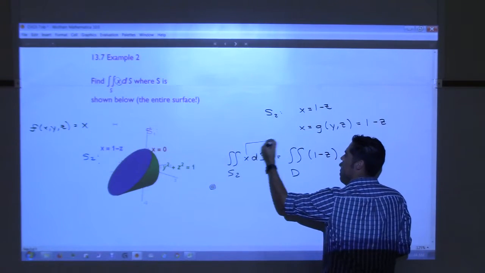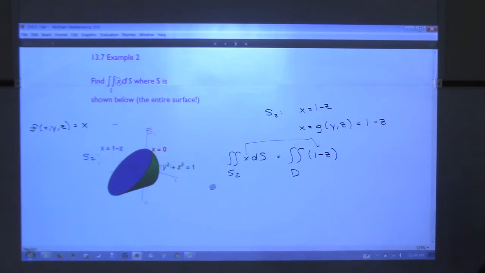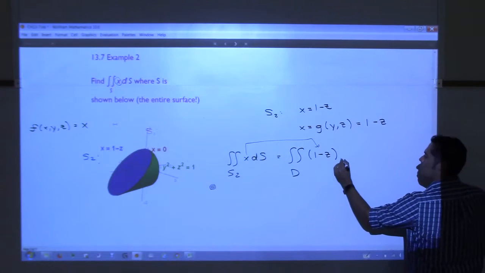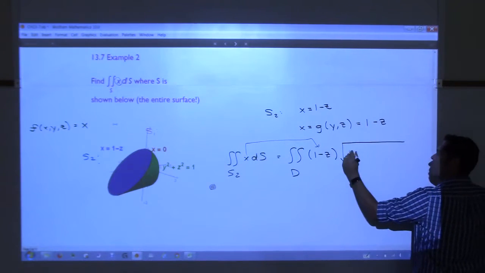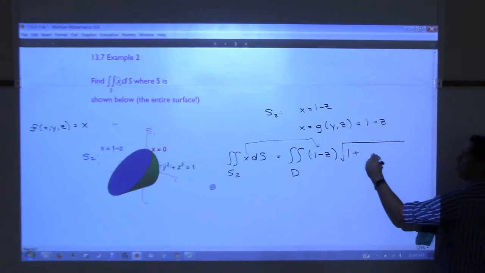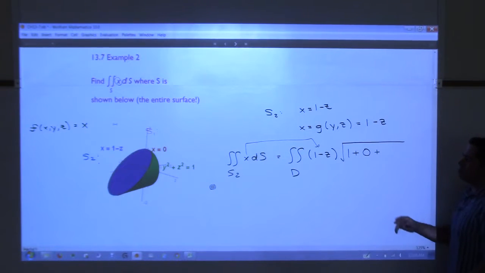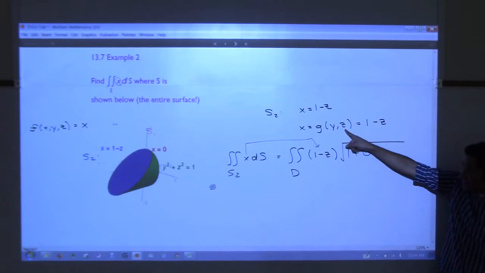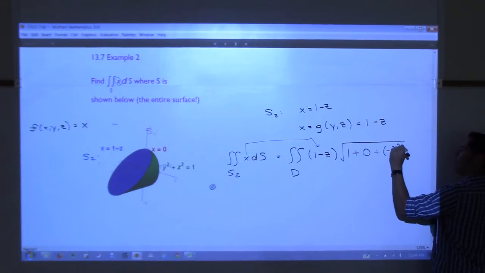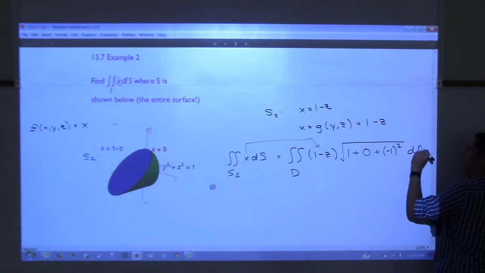So that's this piece, right? And then what does the dS part become? Square root of 1 plus the partial of g with respect to y squared, so 0, plus the partial of g with respect to z, which is negative 1, and then squared, and then dA.